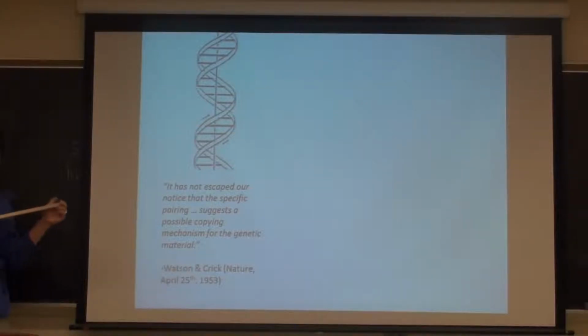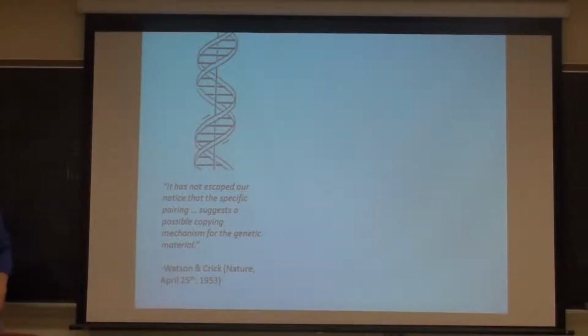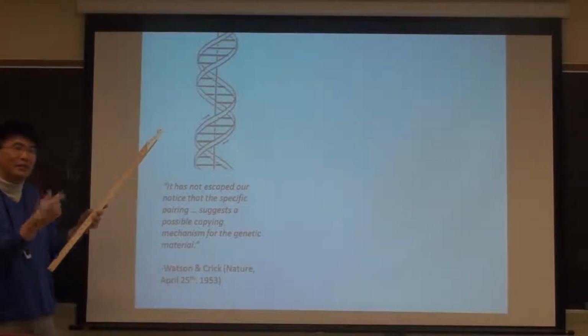Back then they didn't have Adobe Illustrator or things like that, so she just drew it. And it actually is amazingly accurate. You have two strands forming a right-handed helix.